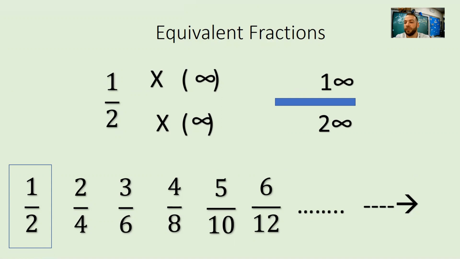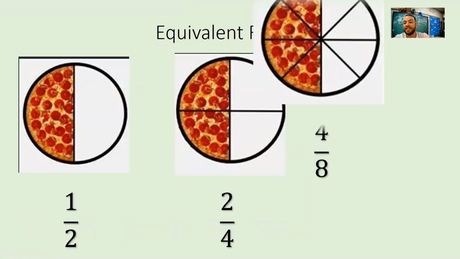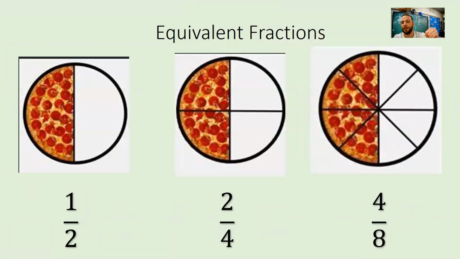So that's what an equivalent fraction is. Is it complicated? Sure it is, but it's as simple as pizza, right? It doesn't have to be complicated. The idea is you can keep breaking these into smaller pieces and smaller pieces. And when you do, you're going to get more and more pieces, because if you're going to get smaller pieces, you need more to represent that same old amount.